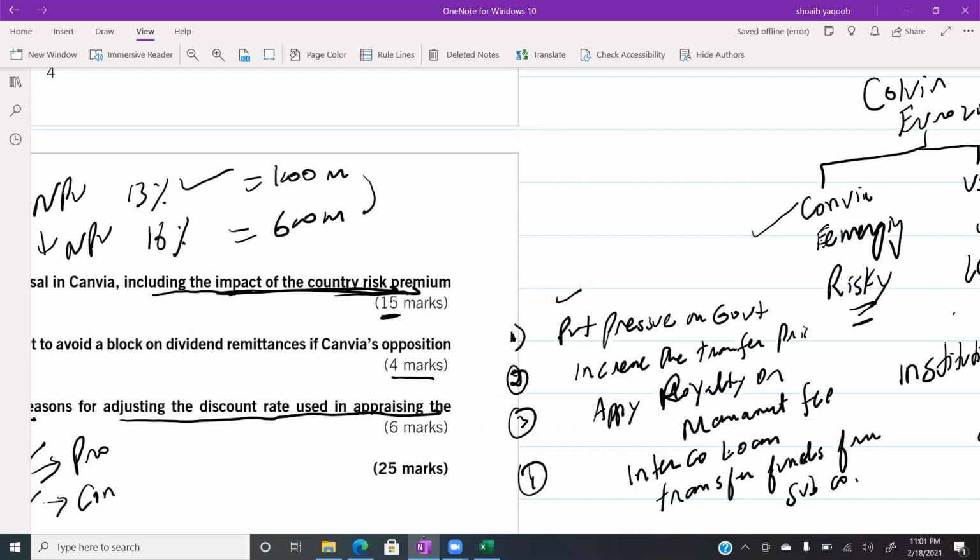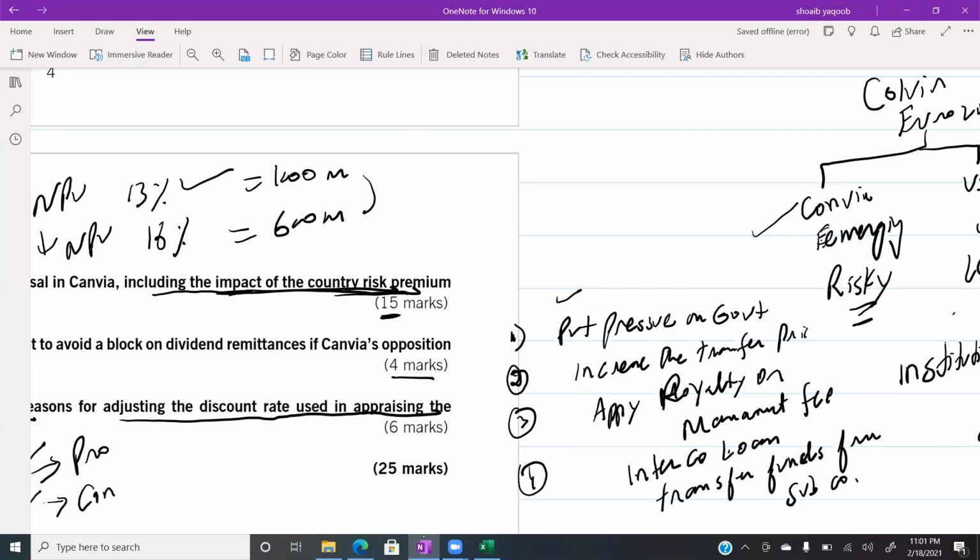So, number one point is, let's suppose the parent company is Nestle and you have opened a subsidiary in an emerging country. If the emerging country has put restriction on the remittance, you will threaten the government, you will create lobbying with the other multinationals.